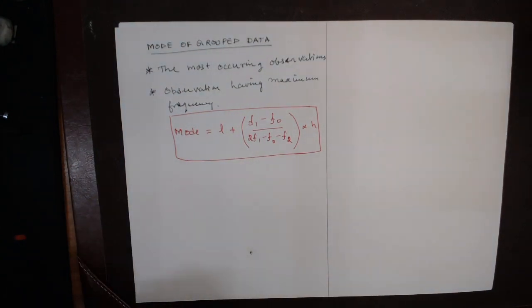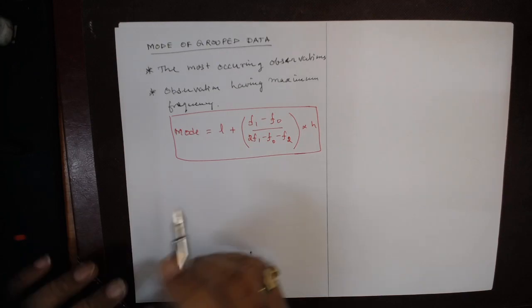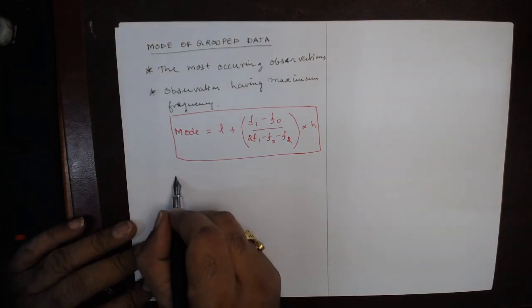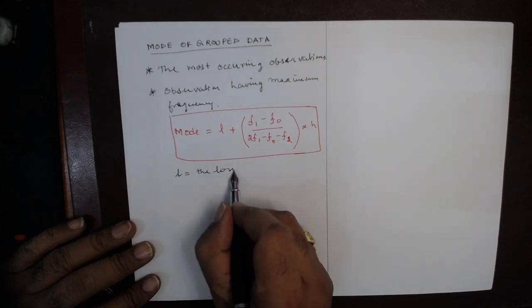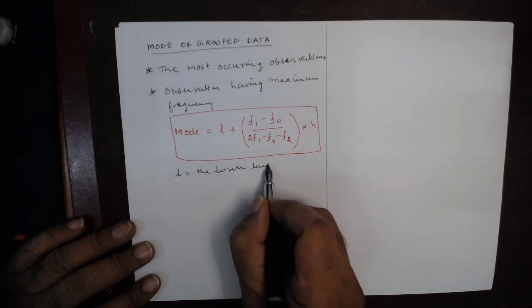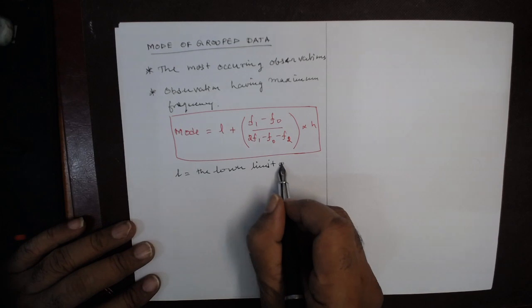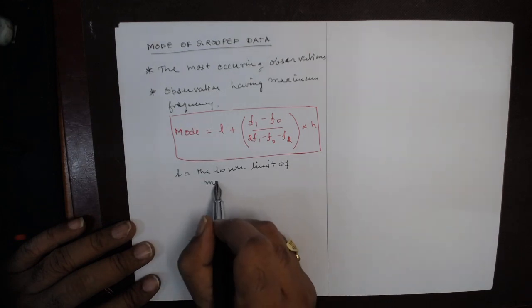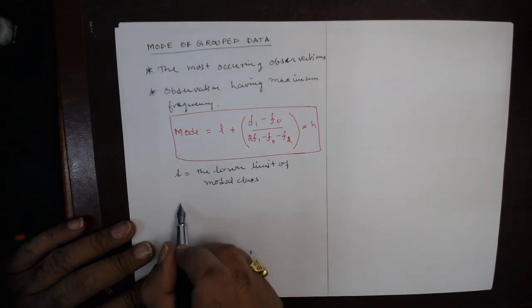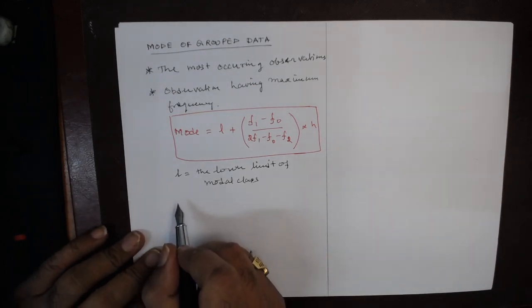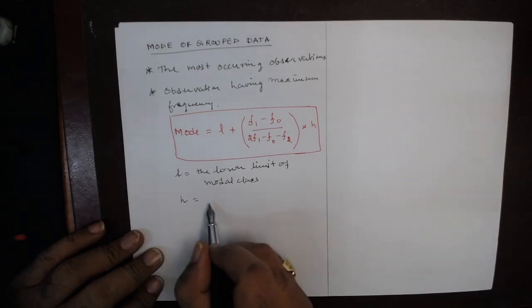Where L is called the lower limit of the modal class. H is class size.